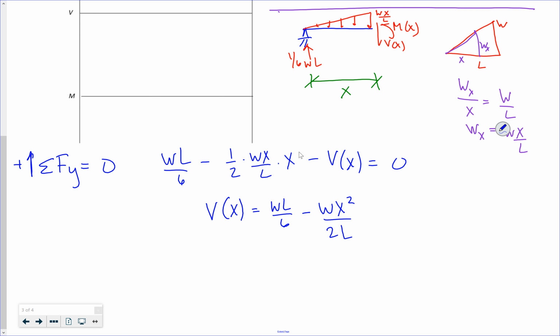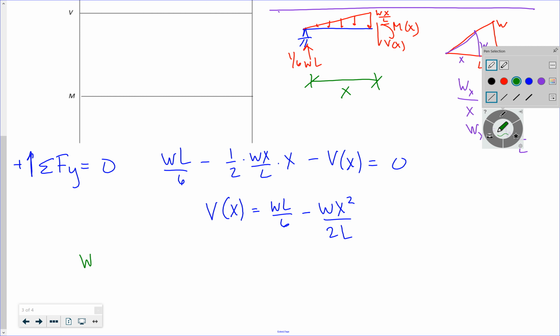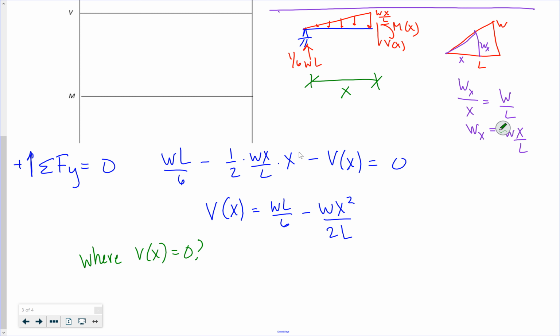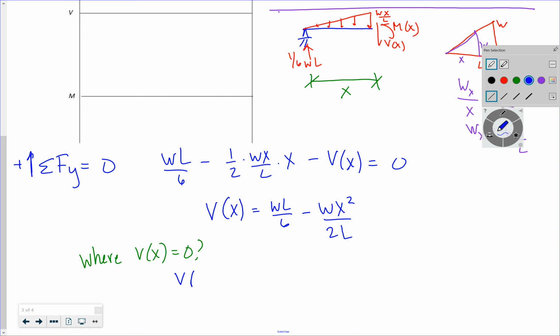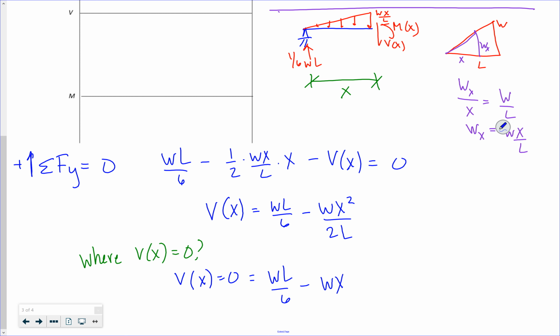I'm going to want to know where shear is equal to 0, because that's where I'm going to have a maximum moment. So I might as well do it now. V of X equals 0. WL over 6 minus WX squared over 2L.